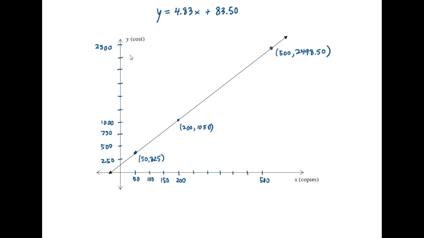In part C, we were asked how many copies we can print for $800. That means we want to start with a y value of 800 and determine the x value on this line that goes with that. We found that x is approximately 148 when y is equal to 800. So here on the line, when y is equal to 800, we get that x must be equal to approximately 148.